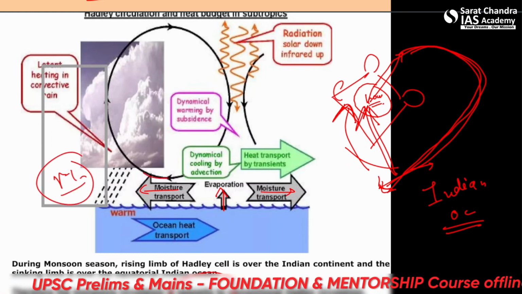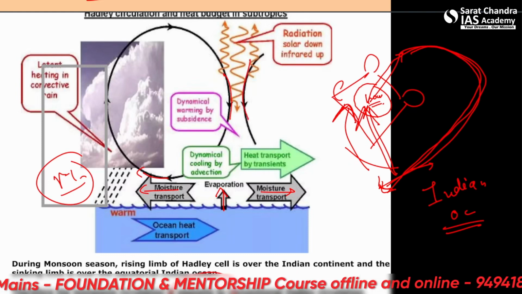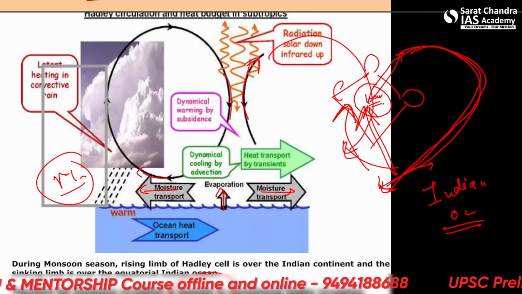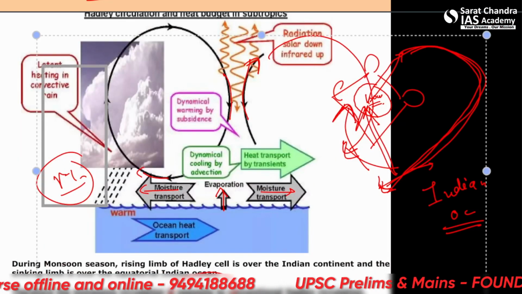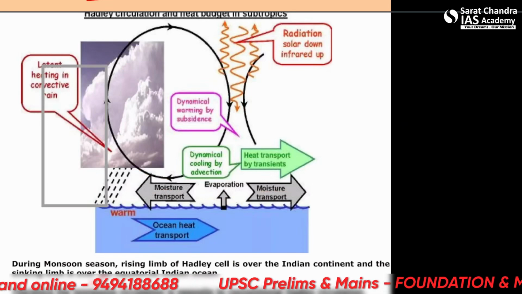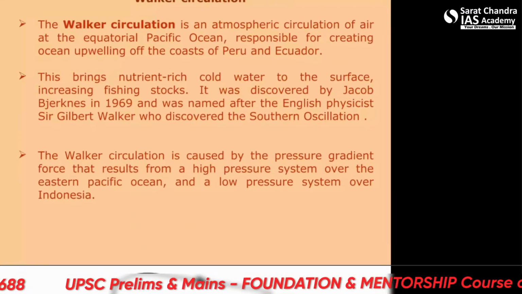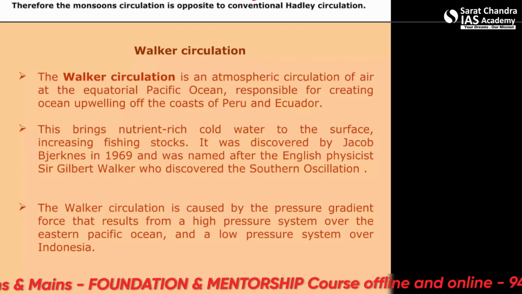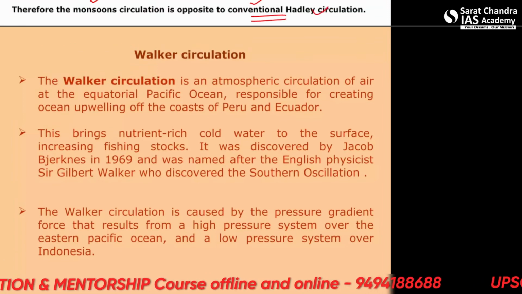Alright, and Hadley circulation is such that the air rising from here is going towards the Indian Ocean. So what we need to conclude here is that monsoon circulation is opposite to the conventional Hadley circulation. So this is in relation with the Hadley circulation, the factor affecting Indian monsoon. So it oppositely affects. However, it actually strengthens the Indian monsoon.